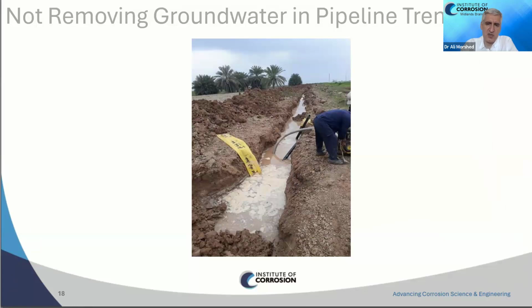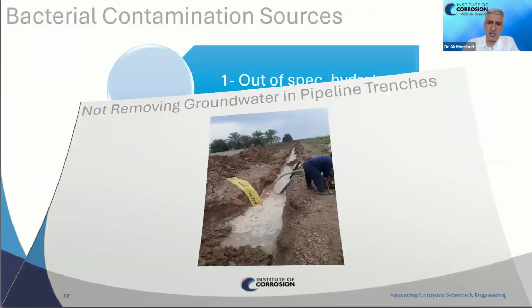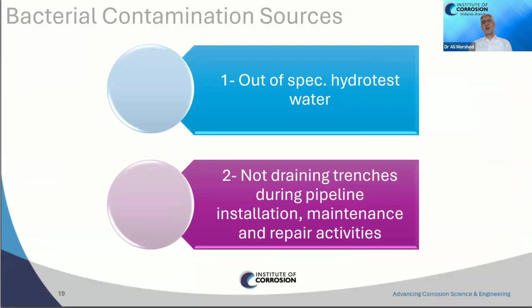Here is another trench. Again, the contractor was working here. The trench was not drained, and they kept working under these conditions. So with new pieces of pipeline which were fitted, water would enter the system, and it was dirty water, and later we would get microbial corrosion.